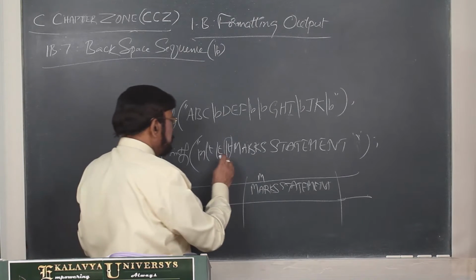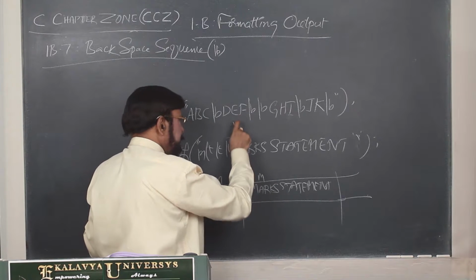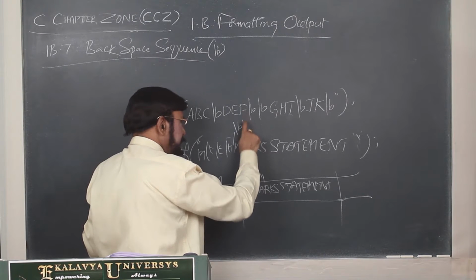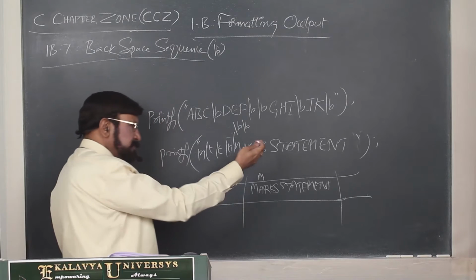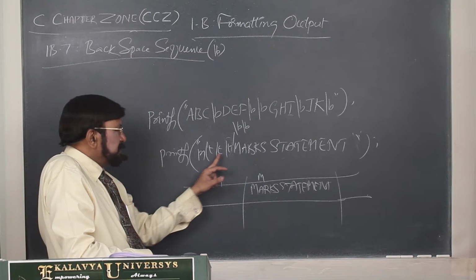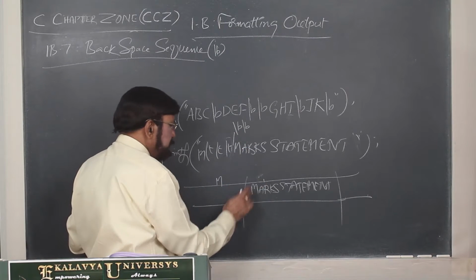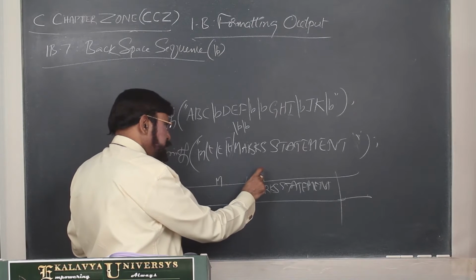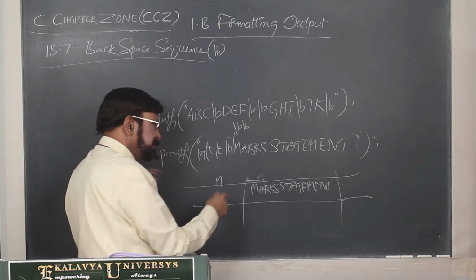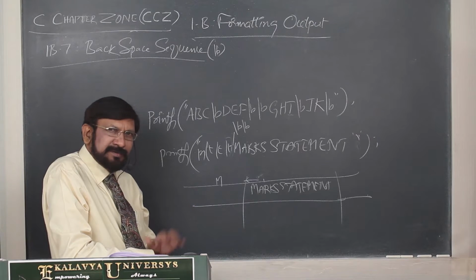Then simply what to do? You move the heading 2 spaces towards the left, backward. After the 3 horizontal tabs, you put 2 backspace sequences, then it is pushed up to here, again pulled back, and M is printed where you expect. Understand? This is one solution.